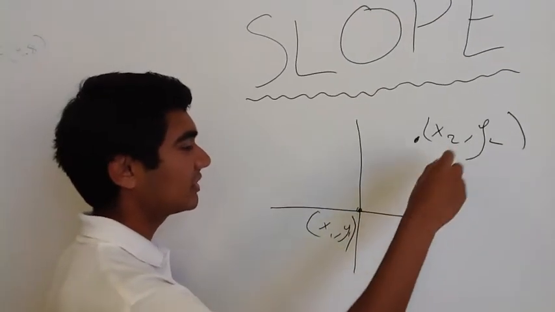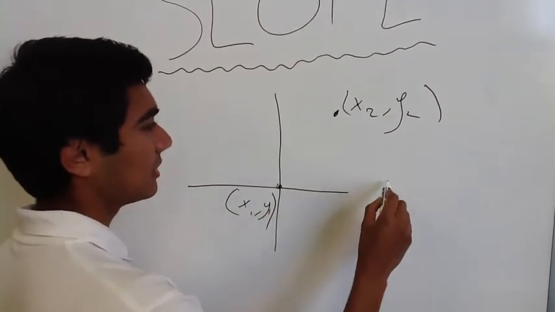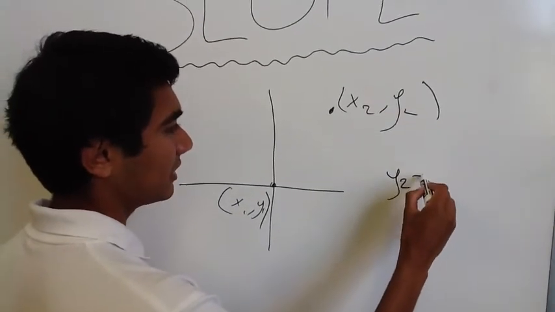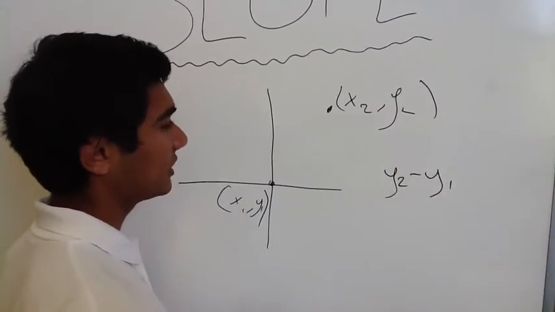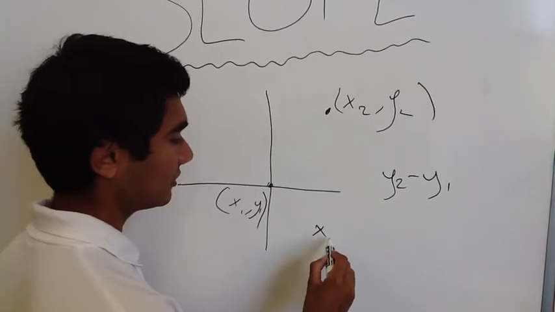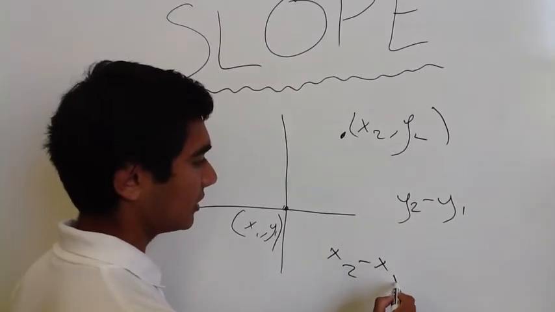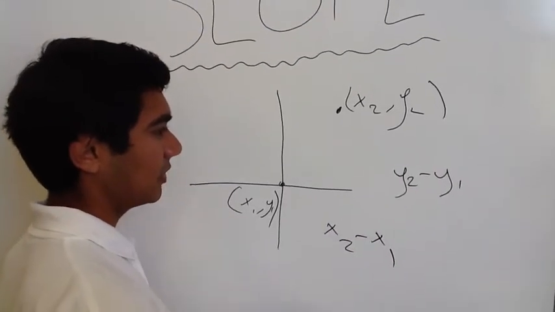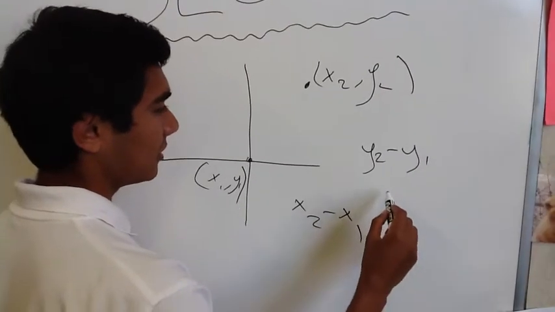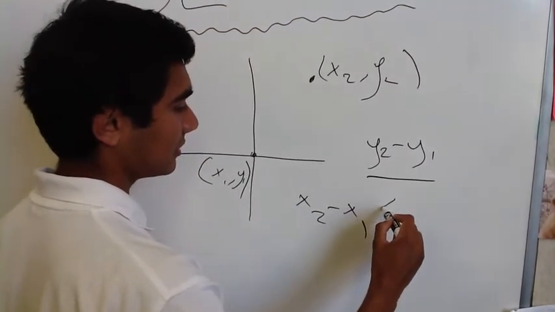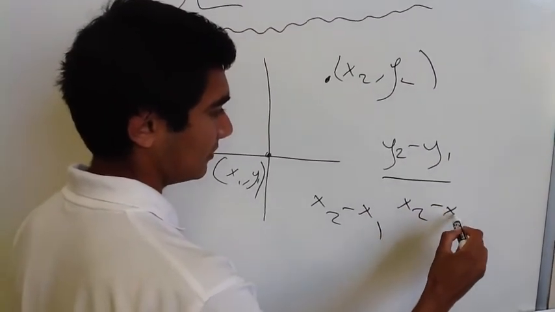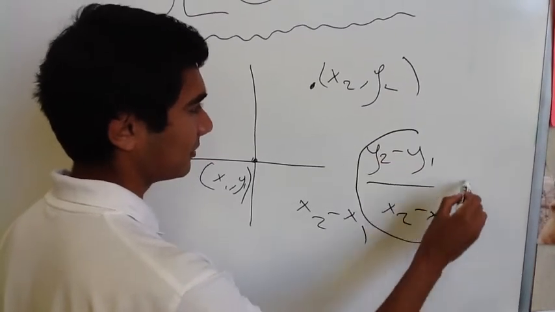So for the change in the y, we say y2 minus y1. For the change in the x, we say that's x2 minus x1. And when we put the change in the y over the change in the x, we get our formula for the slope.